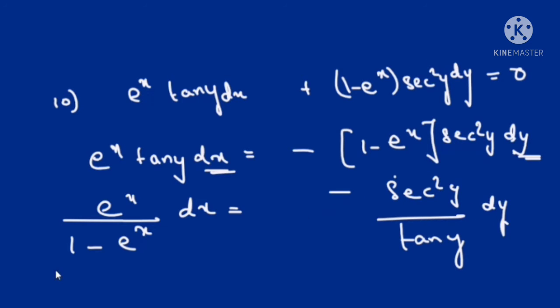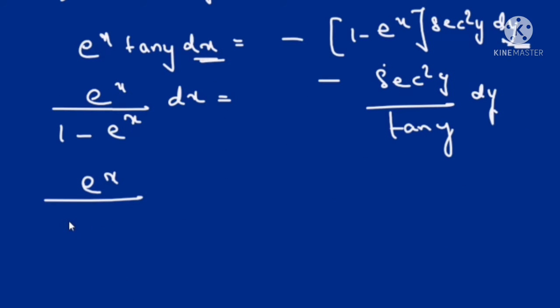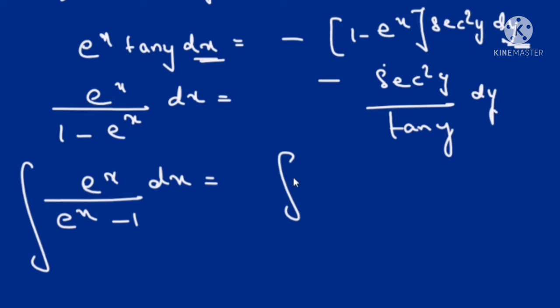You can bring this minus sign to this side. So you can write this as e power x by e power x minus 1. This minus I am bringing it here. So now integrate. This minus I brought it here. So this is integral e power x by e power x minus 1 dx equals integral secant square y by tan y dy.